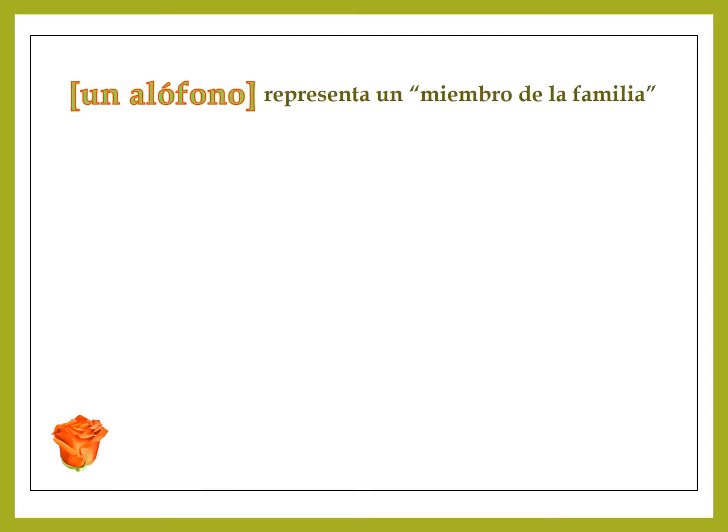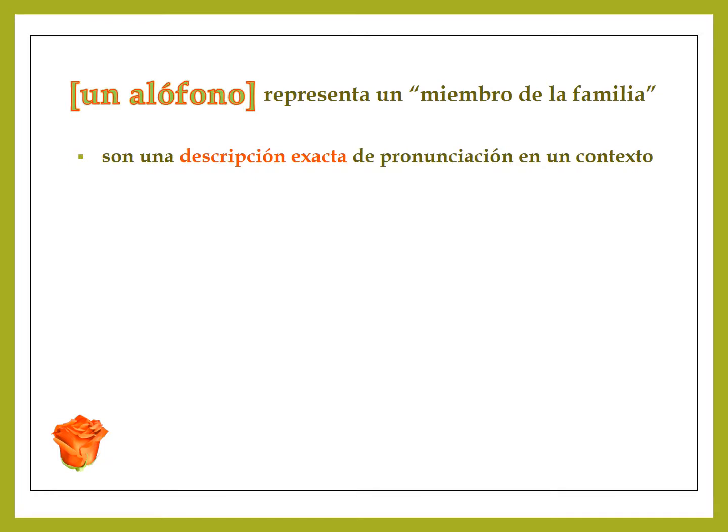Si fonemas son familias de sonidos, los alófonos representan un miembro de la familia. Alófonos son una descripción exacta de la pronunciación en un contexto. Entonces, fonemas son más abstractos.